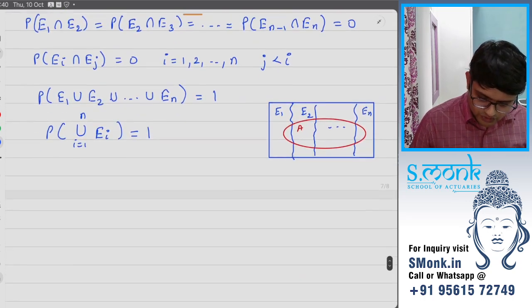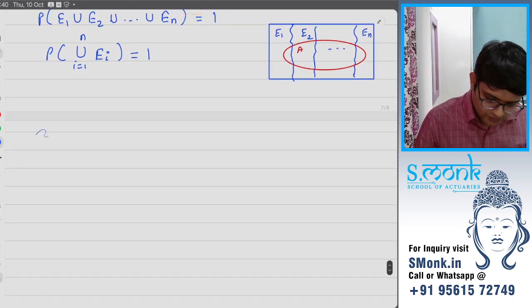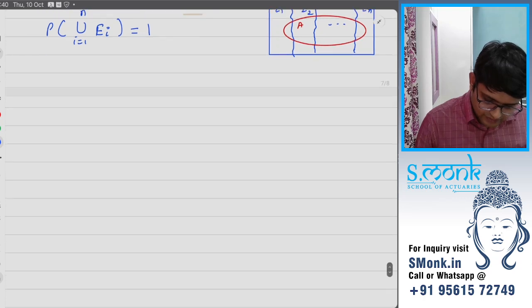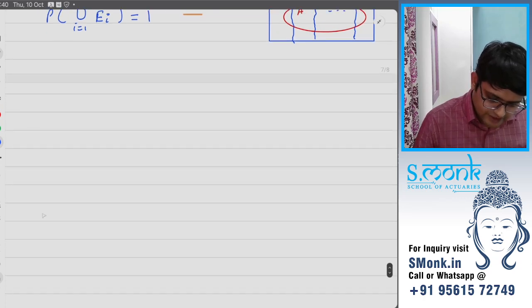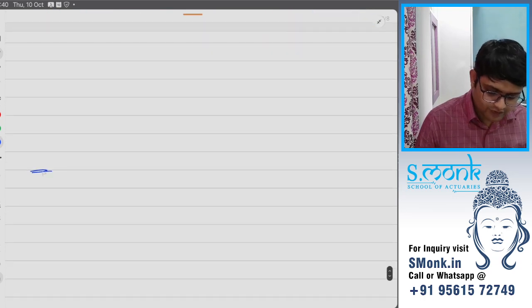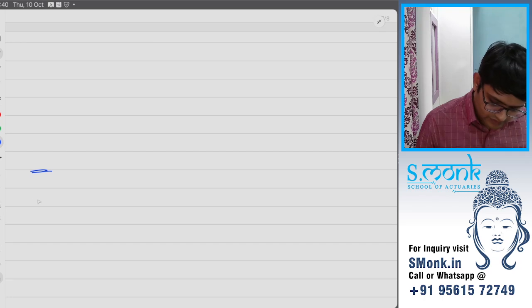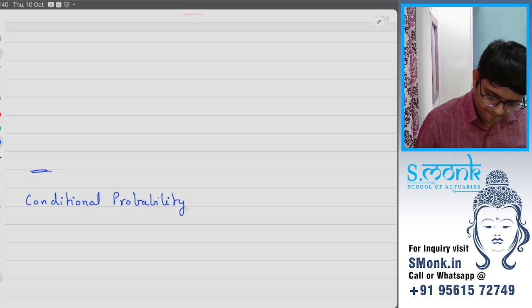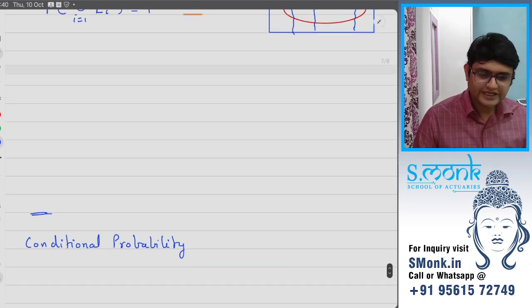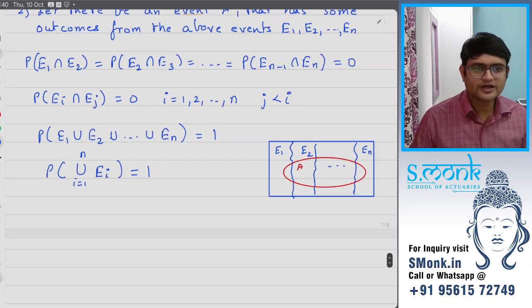So just leave 6-7 lines here, and let's write conditional probability first, then we'll come back to law of total probability. Then I'll explain the law of total probability again.